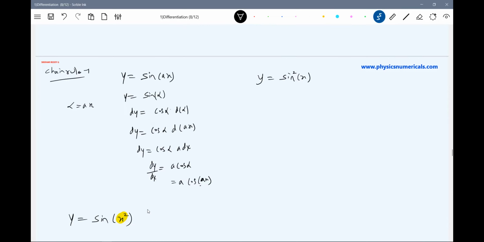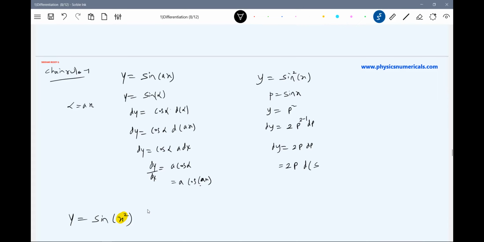Now, similarly, y equal to sine square x. Let p equal to sine x. Then y equal to p square, and we differentiate: dy is equal to 2 into p to the power of 2 minus 1 into the derivative of p, dy equal to 2p dp. What is the value of p?